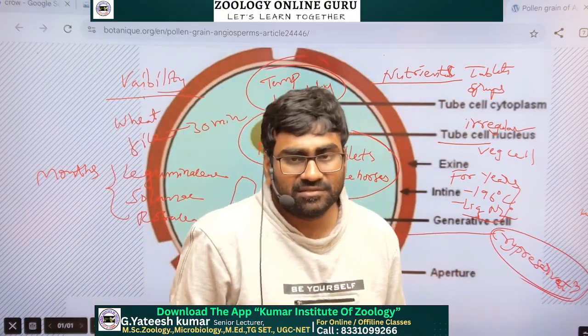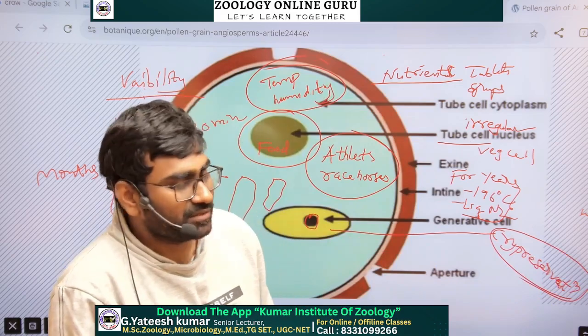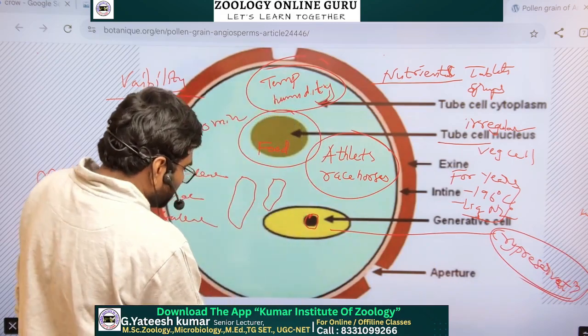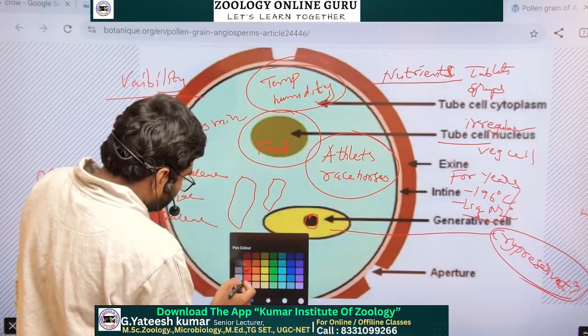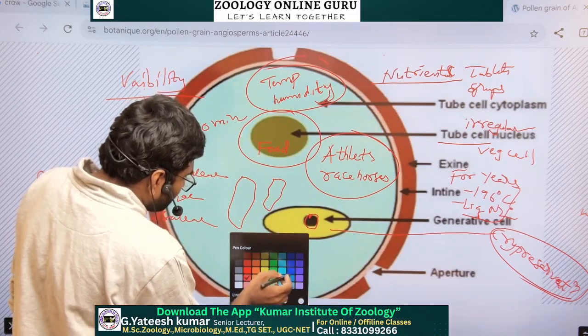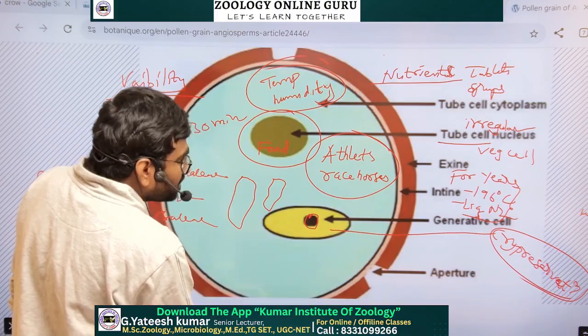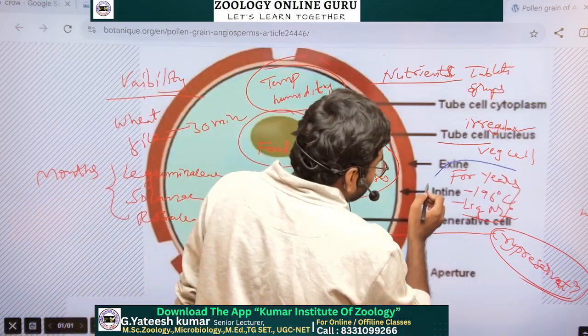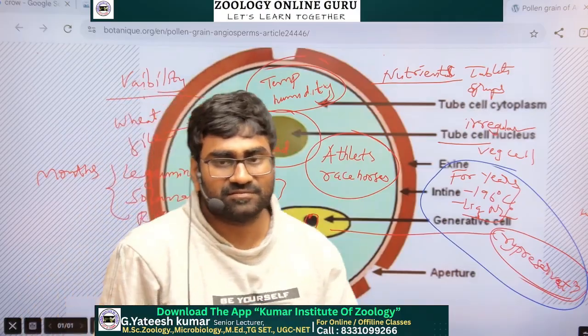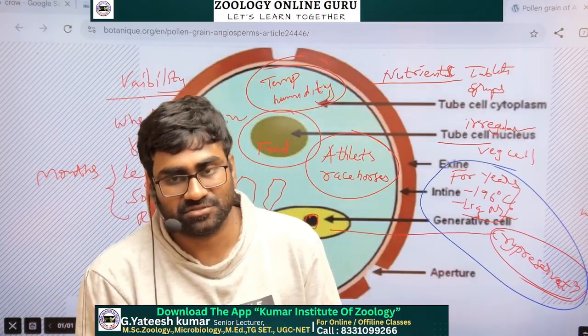So pollen grains are stored for years in liquid nitrogen at minus 196 degrees temperature, right? That technique is known as cryopreservation, and the chemical is liquid nitrogen. Very important: cryopreservation, minus 196 degrees temperature, and liquid nitrogen.